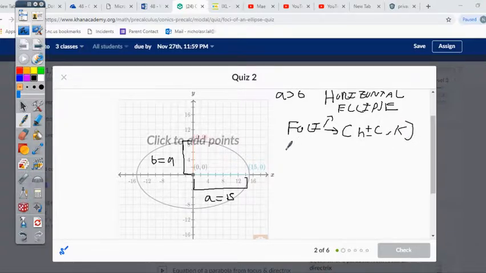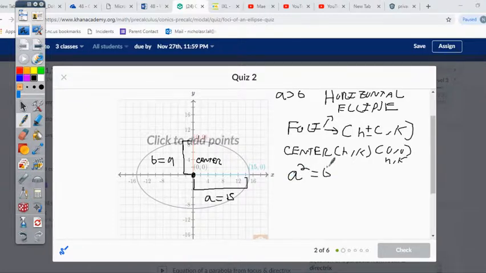And here, our center, which is H, K, we have a center at 0, 0. So H is 0 and K is 0. So now we just need to find C. Our Pythagorean relation is A squared is equal to B squared plus C squared.